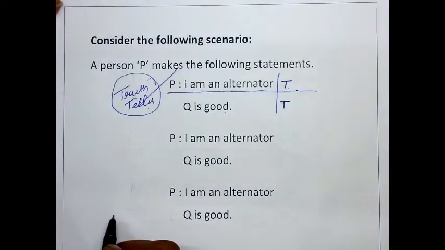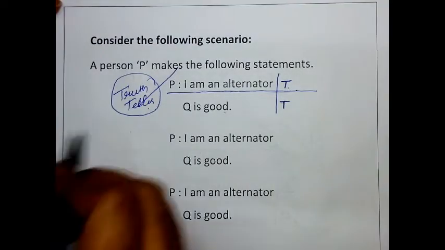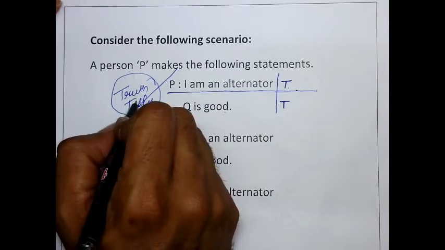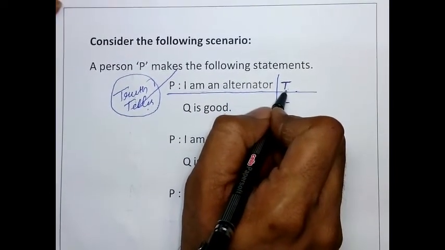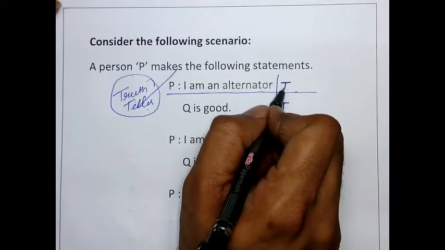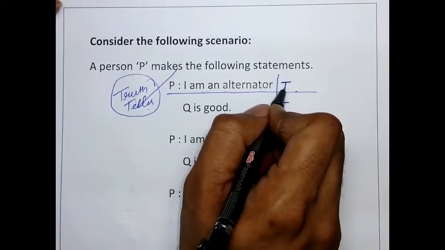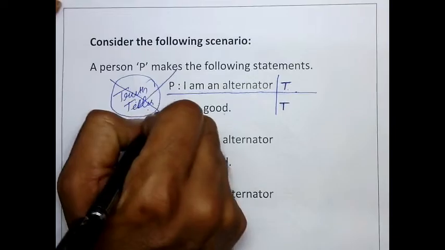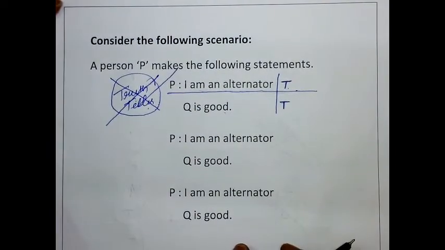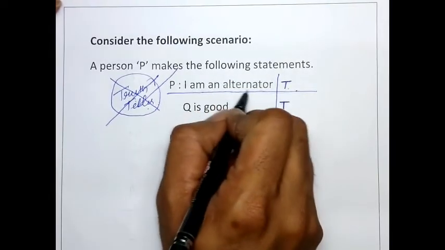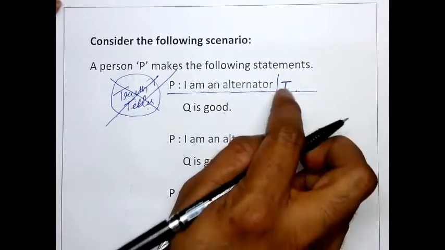So the result, we see a conflict because the assumption and the statement are in two different, conflicting logical situations, which means that this person P cannot be an alternator. A person who says I am an alternator can never be a truth teller.